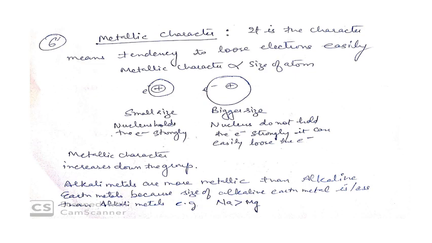If we compare alkali metals to alkaline earth metals, alkali metals are more metallic because the size of alkaline earth metals is less. The metallic character of sodium is greater than magnesium.